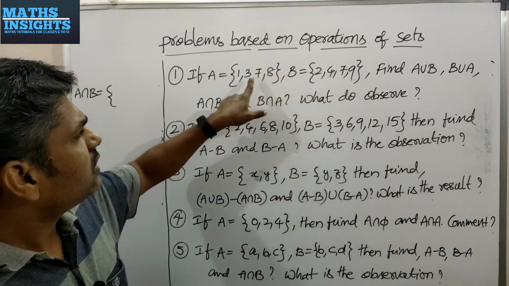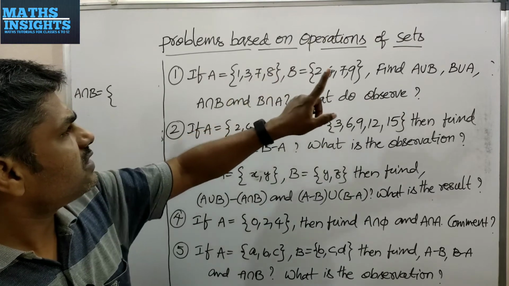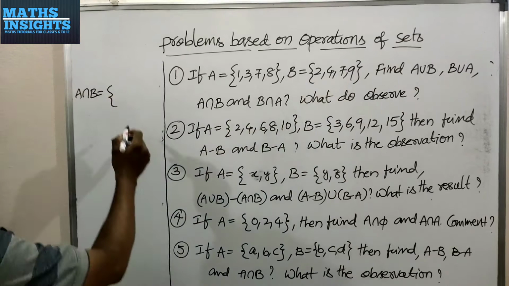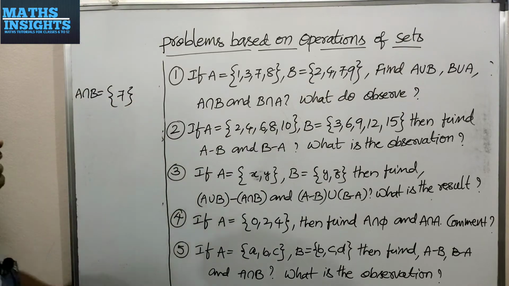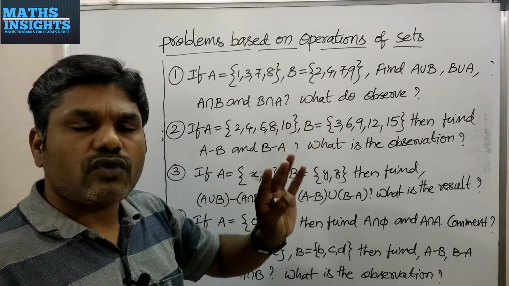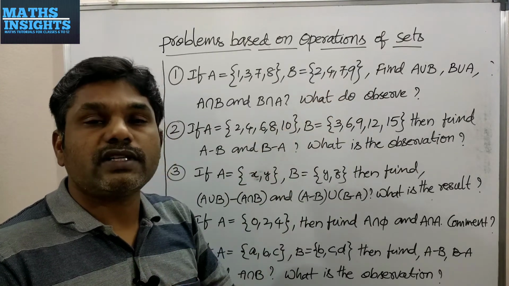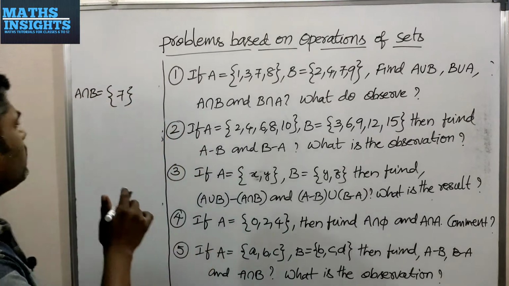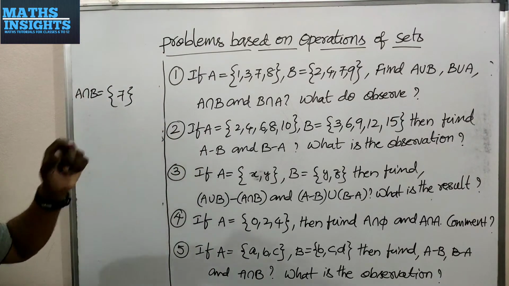If you observe, 3 is not common, 7 is common. 7 is there in both the sets. Therefore I am writing 7. And 8 is not common and 9 is also not common. Therefore there is only one element 7 which is in both the sets A and B. That's why I am writing A intersection B is equal to {7}.